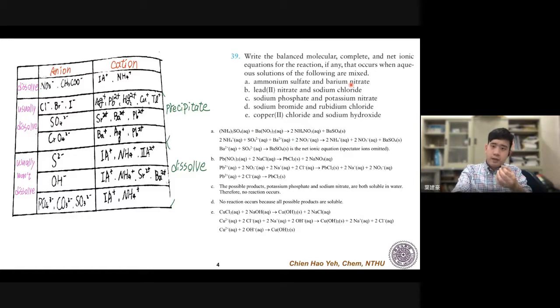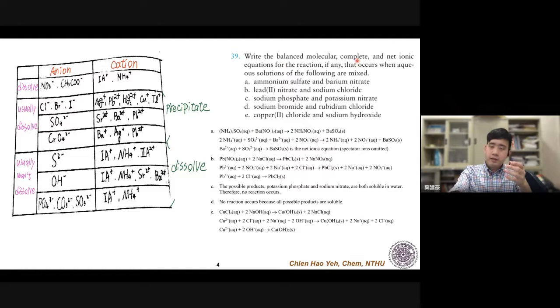And then you have to write down the answer that the question wants you to write down. So it wants you to balance the molecular, complete, and net ionic equation. So basically, the molecular equation is just asking, is there any exchange that happens inside of this cup of mixture?